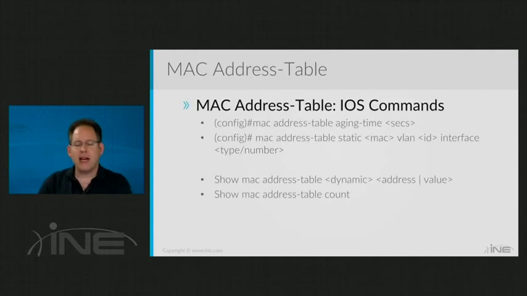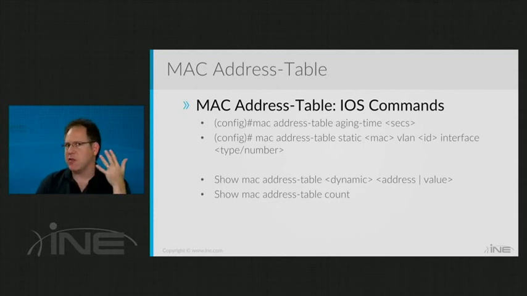So here are a variety of IOS commands you'll want to have memorized with regards to viewing and manipulating the MAC address table. You can just see here from the top down, the first command is for modifying that aging timer if you want to make it more or less than 300 seconds. You could also put static MAC addresses into the table. If, for example, you have some device connected to your switch that only receives traffic, it never sends anything.